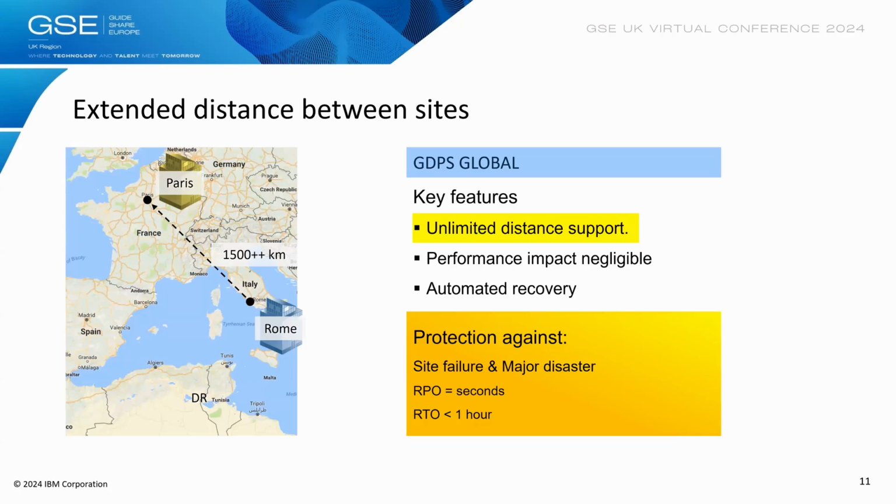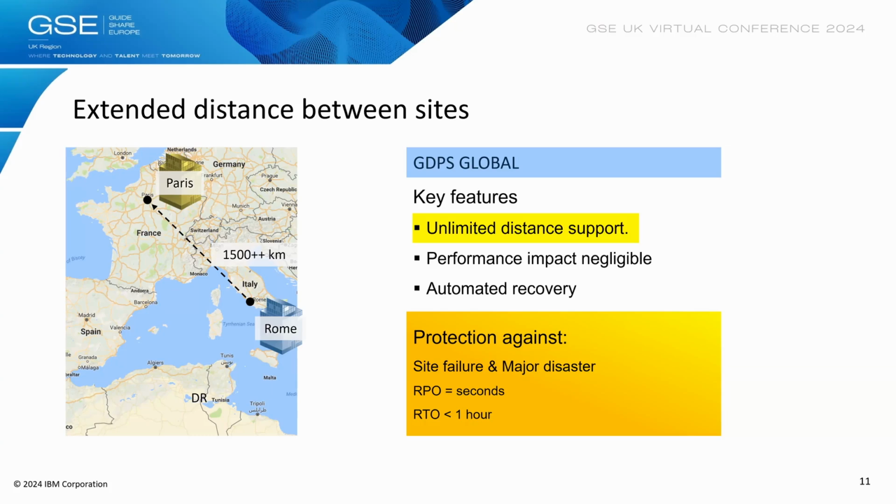So we just talked about two-site solution at metro distance with GDPS Metro. GDPS also offers two-site solution at extended distance, and this is GDPS Global GM. GDPS Global GM relies on the asynchronous replication protocol, Global Mirror, or GM. It does not provide continuous availability with hyperswap because of the constraint imposed by the distance.